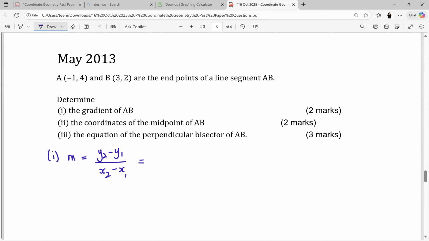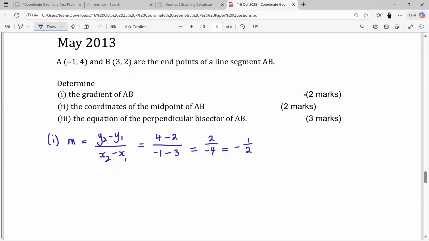So I'm going to use 4 take away 2, divided by -1 take away 3. And that gives me 4 take away 2 is 2, -1 take away 3 is -4. So a positive divided by a negative would be a negative. So the answer will be -1/2.